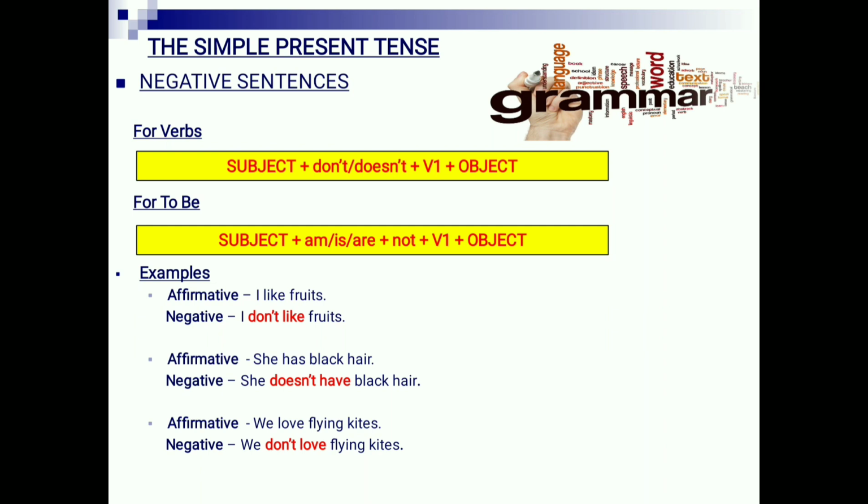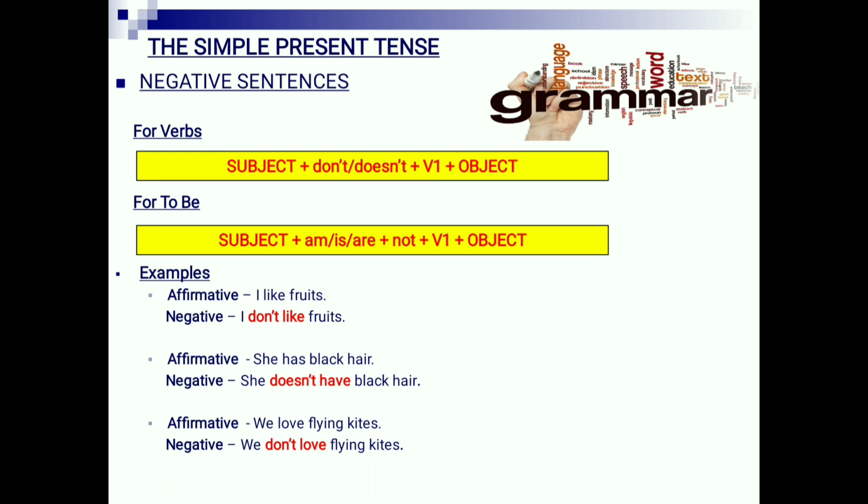First one is an affirmative sentence: I like fruit. Here we cannot see any helping verb. Subject is I, like is verb, and fruit is object. If the sentence comes in this type, you have to use do not or does not.